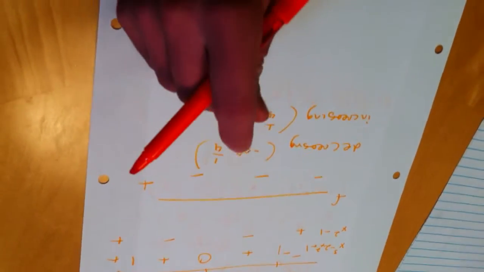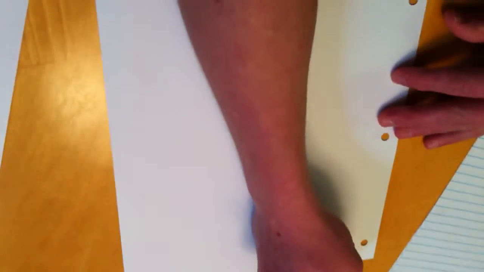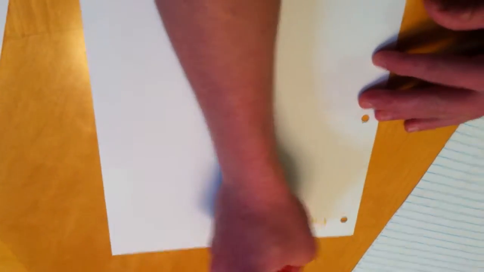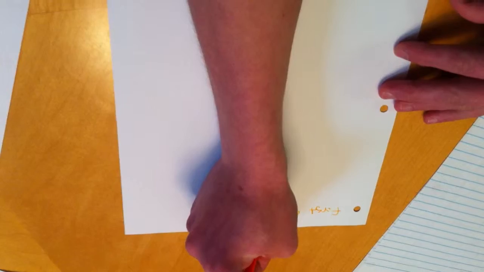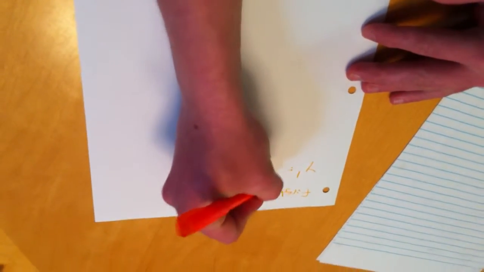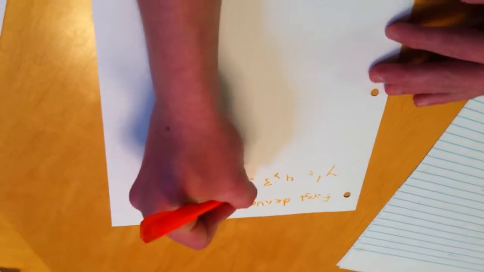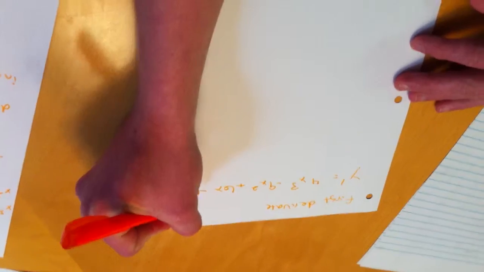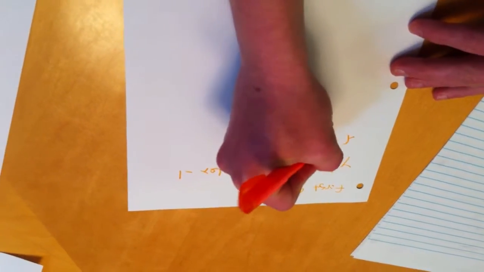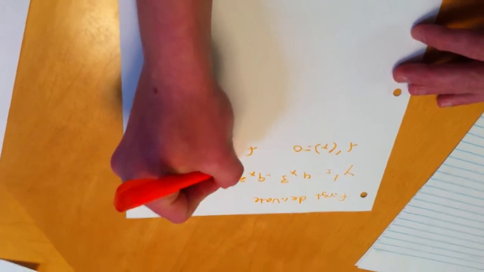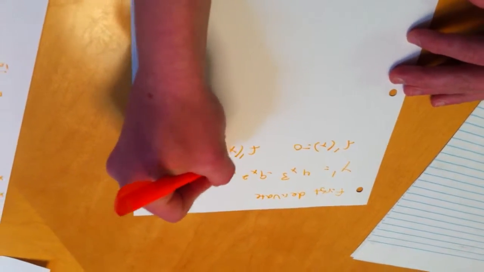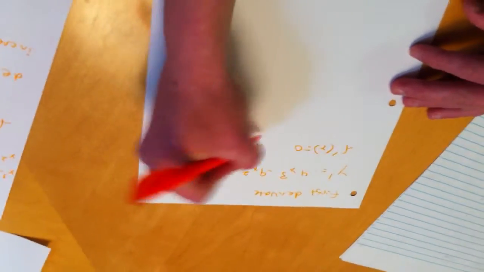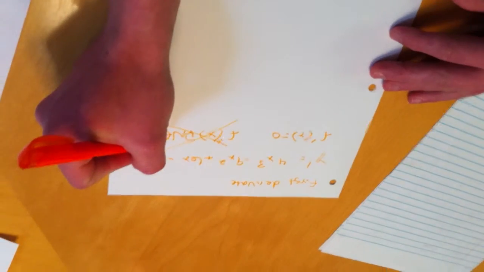Okay, now we have to use the first derivative test. We find the first derivative of the original equation, which gives us 4x to the third minus 9x squared plus 6x minus 1. We know that it always exists.